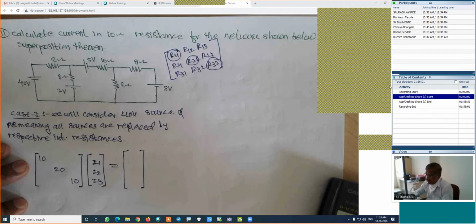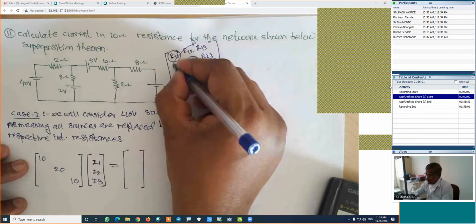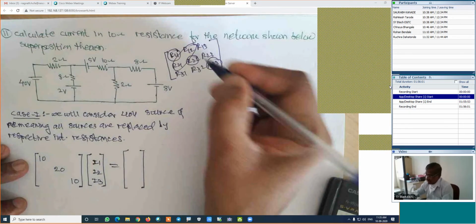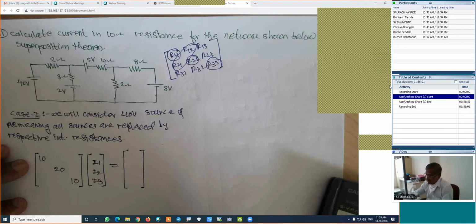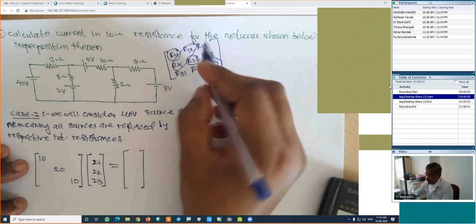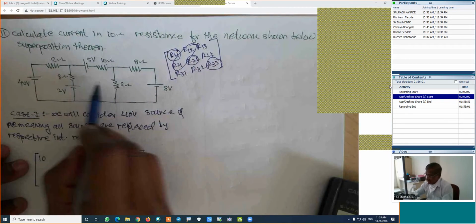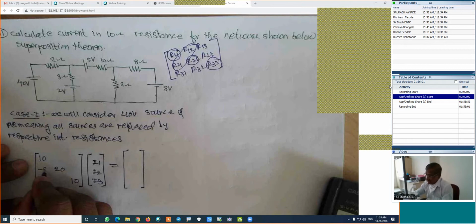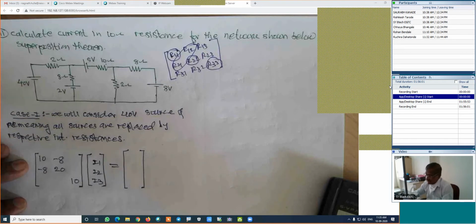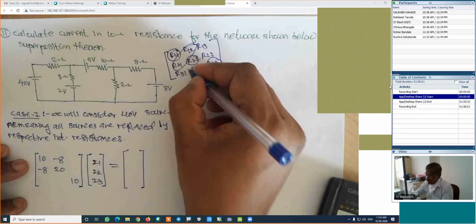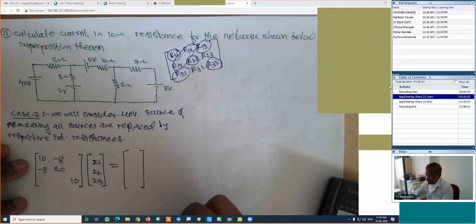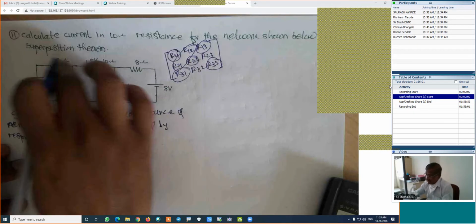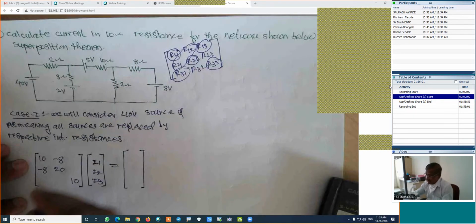Fine? Now here remaining elements, I will find out these two simultaneously, R12 and R21. Resistance which is common for the first and second loop, 8. This is minus 8, this is minus 8. Resistance which is common for the first and third loop and third and first loop. There is no common resistance.